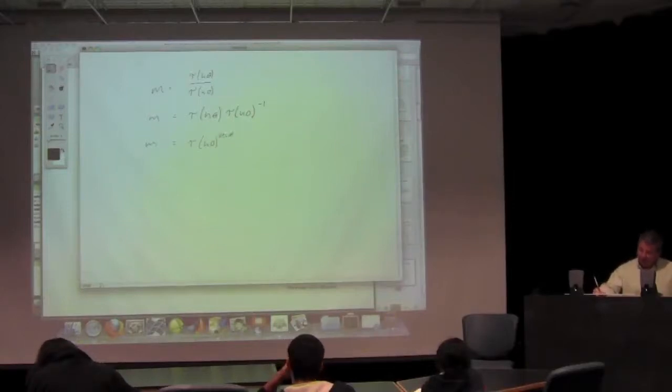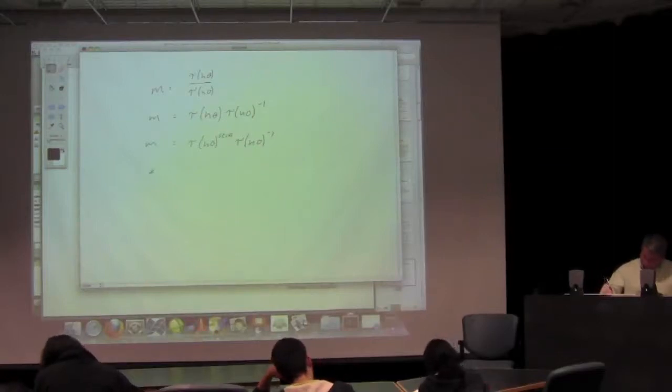Yeah, to the secant theta, right? Times tau_H0 to the minus 1. Right? And we wind up with m equals tau_H0 to the secant theta minus 1.